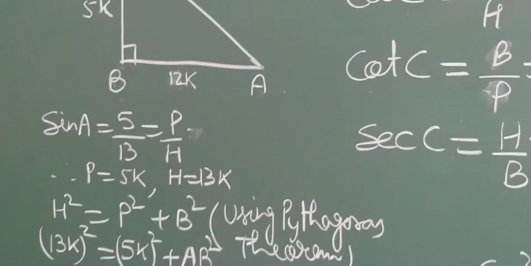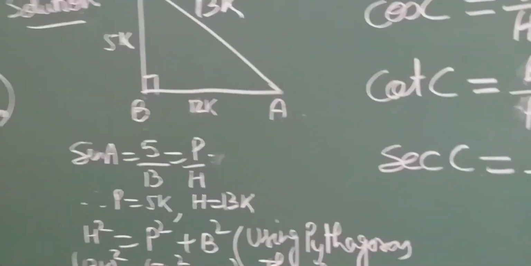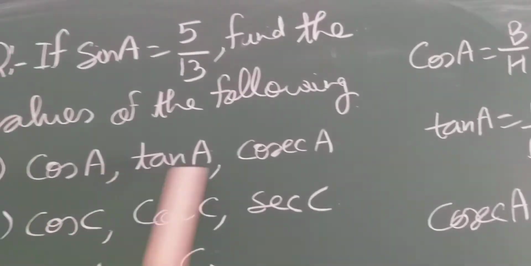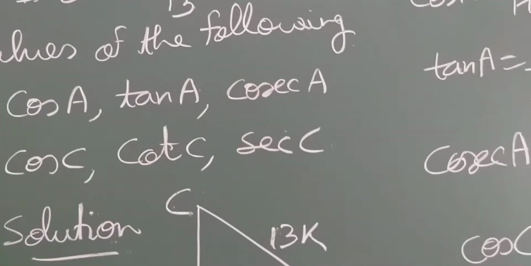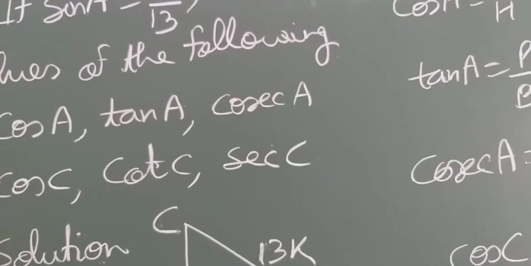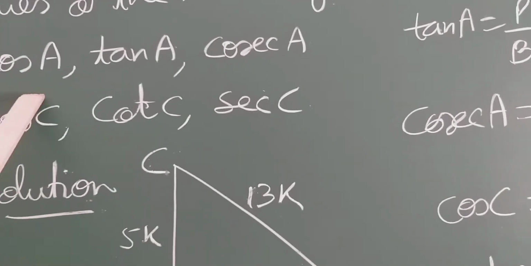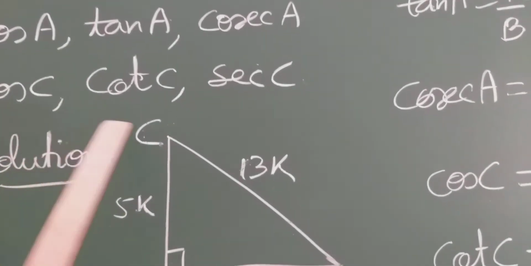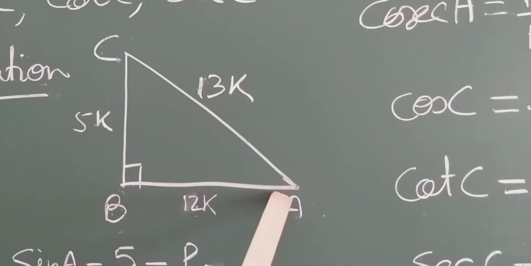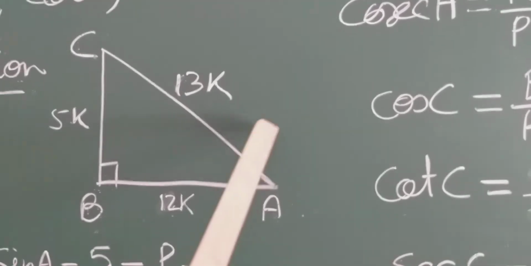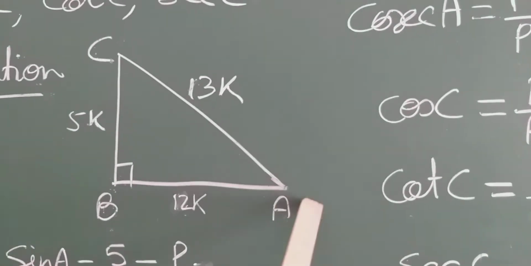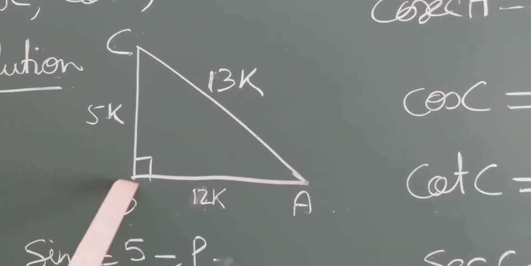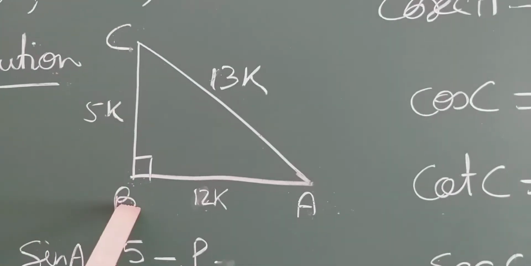So students, this is the method of finding the other trigonometric ratios when one ratio is given to us. Always remember students, don't be confused between A and C. If A is written, we have to find the value for angle A. For A, this is base and this is perpendicular.